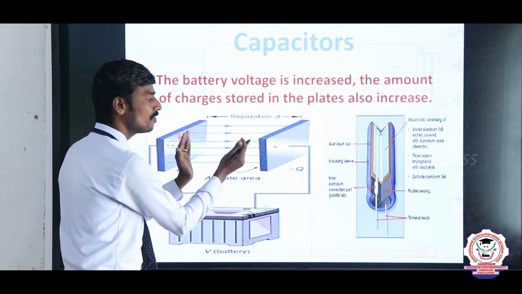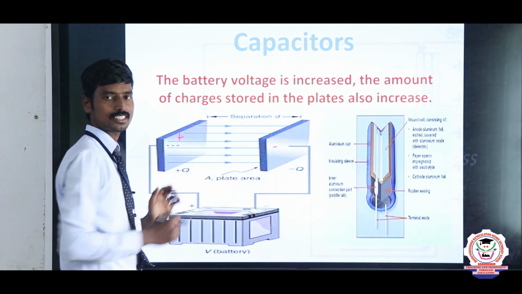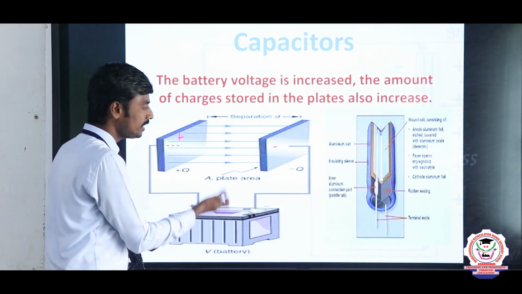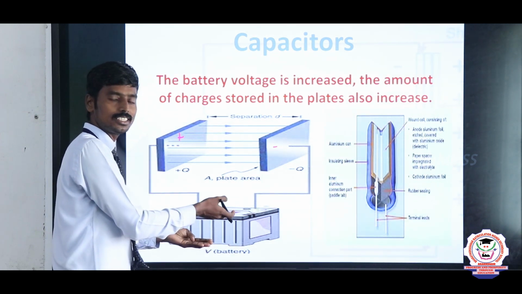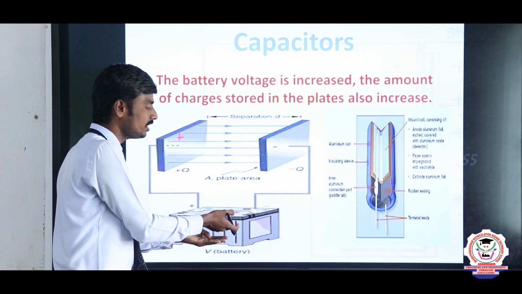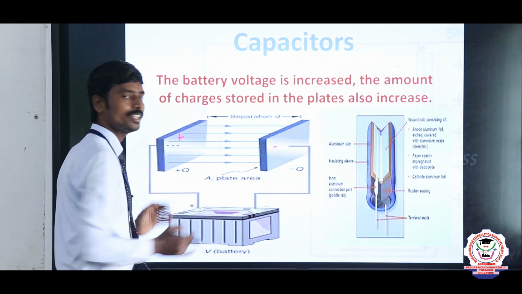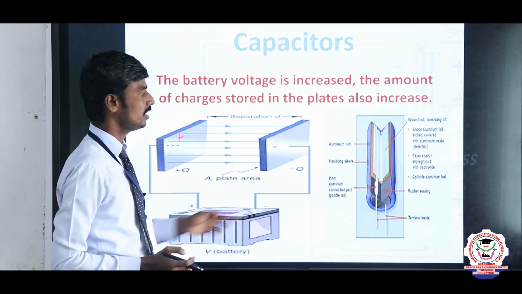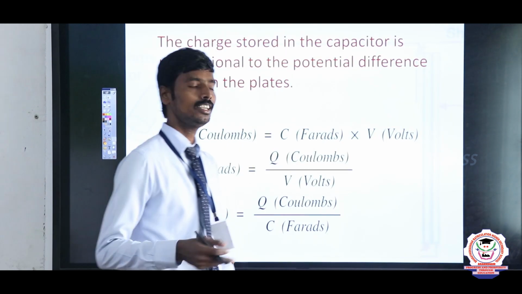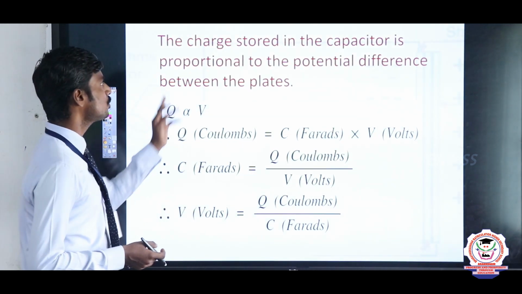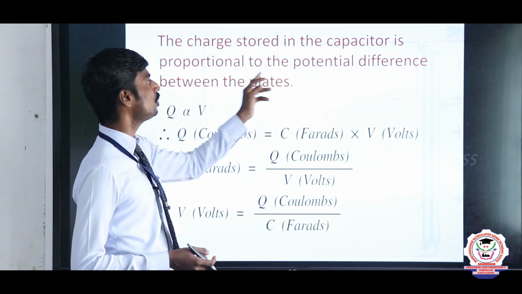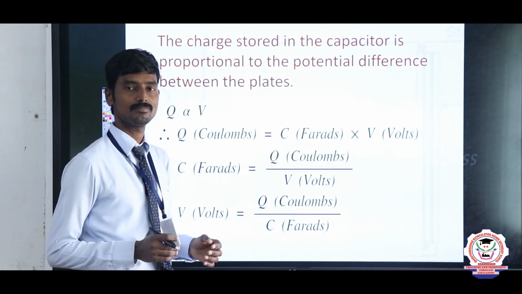At that time, some charge is stored between the plates. As the potential difference of the battery voltage increases, the charge stored between the plates also increases. Here, the charge stored in the capacitor is proportional to the potential difference between the plates.